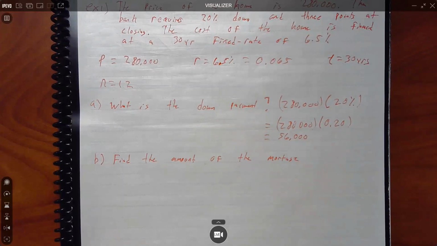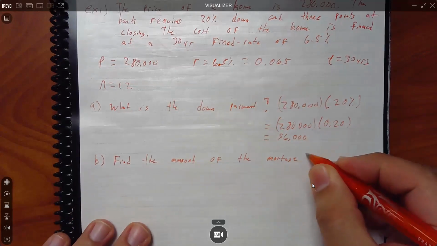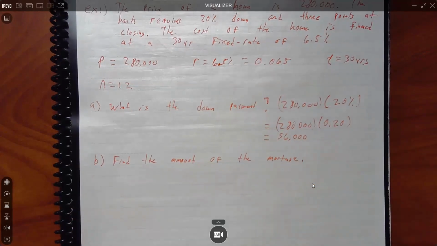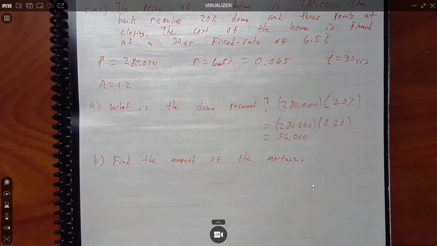Part B, find the amount. Did they say payment or just mortgage? Oh, yeah. So if I'm putting 20% down, how much am I going to borrow from the bank? Right, so I'm paying 56,000 in cash. So the leftover, of course, is the actual loan.